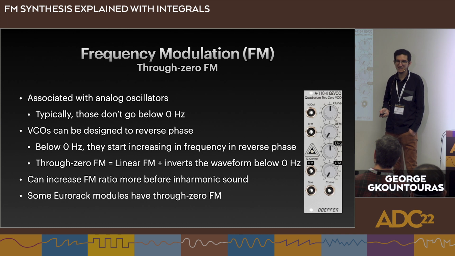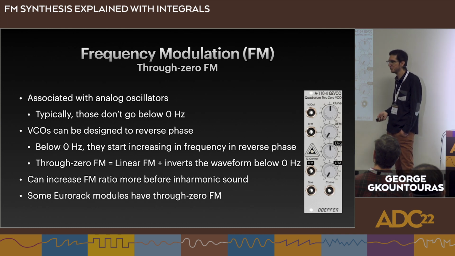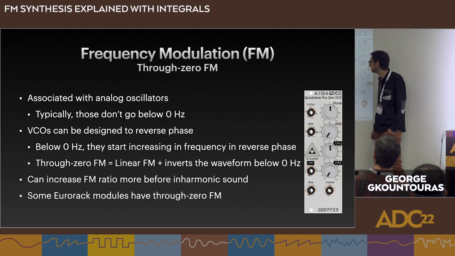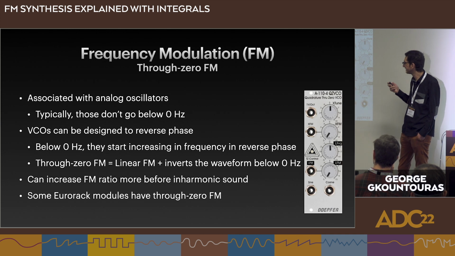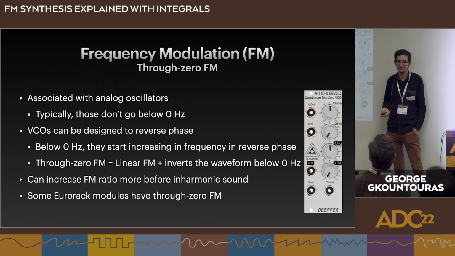So it sounds like linear FM, and you can modulate it more before it starts producing a harmonic sound. And here we see an example. This is the Doepfer quadrature through 0 VCO, one of the modules that actually has through 0 capability.